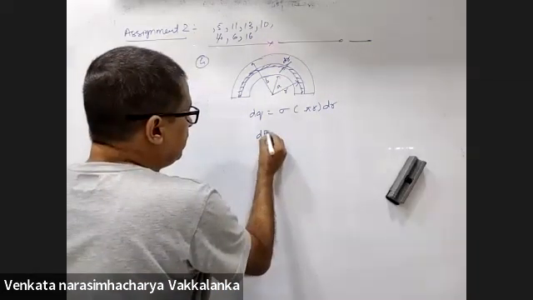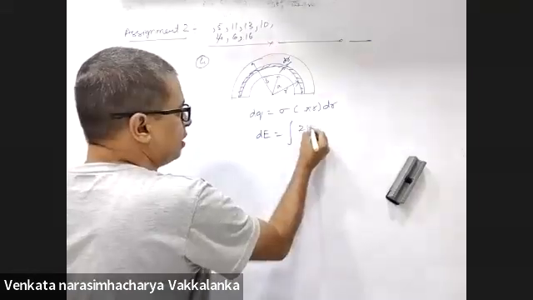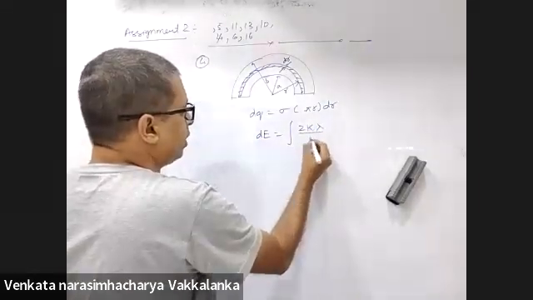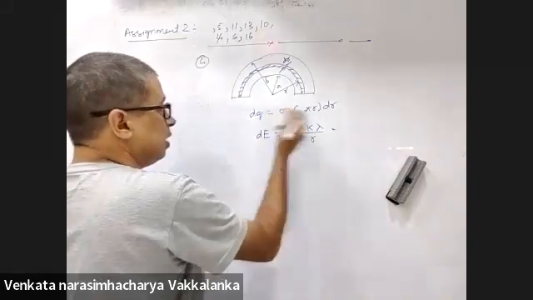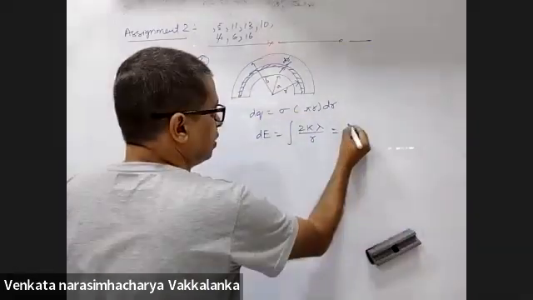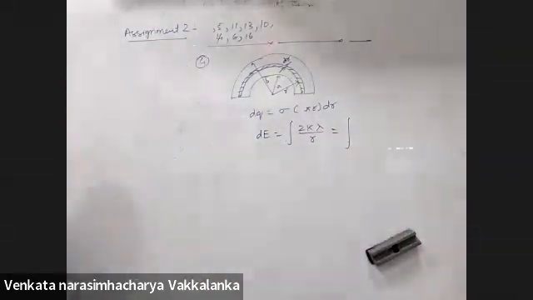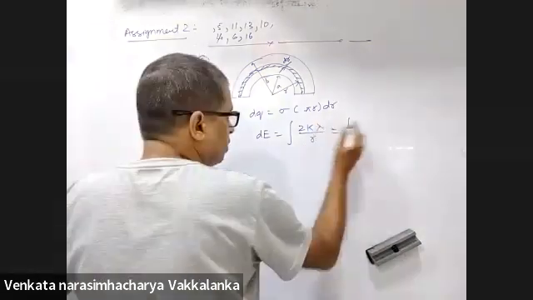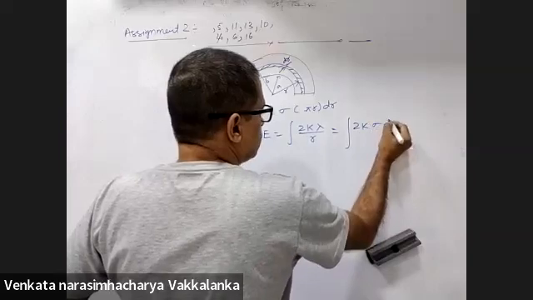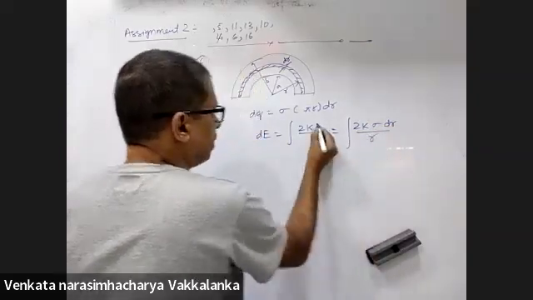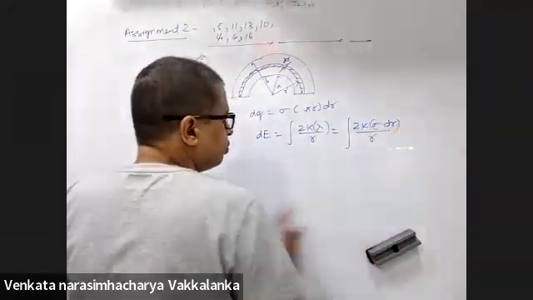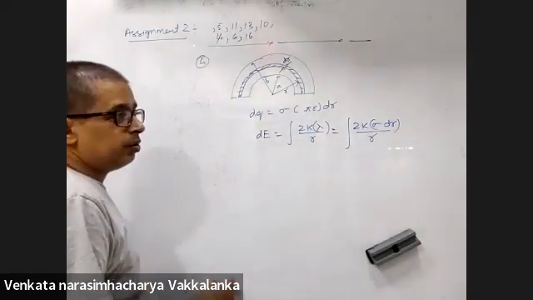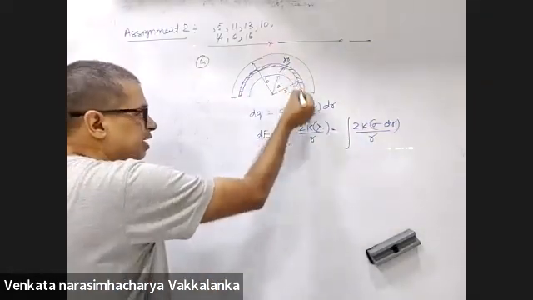Now the field because of a semicircle is 2k lambda by r. How much will lambda be? Lambda needs to be calculated. The field will be 2k sigma into dr by r. Lambda is substituted as sigma dr. How did you do that? By taking the charge and equating.